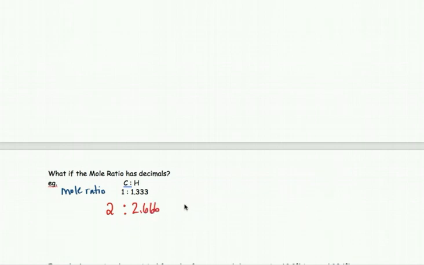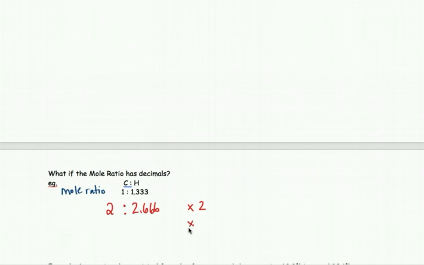Again, it's a little better, but it's not quite close to being a nice whole number. Right now the ratio is 2 carbons to 2 hydrogens and 0.6 of a hydrogen. Same thing, we can't have that. So multiplying by a factor of 2 didn't work.